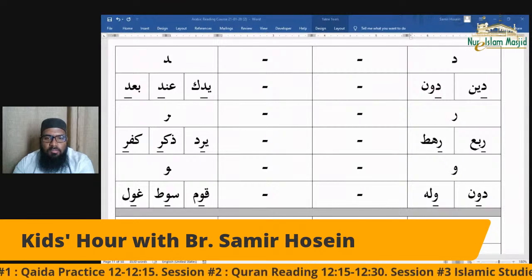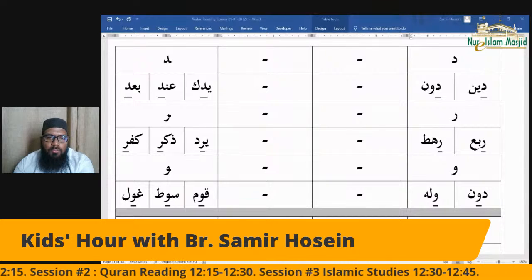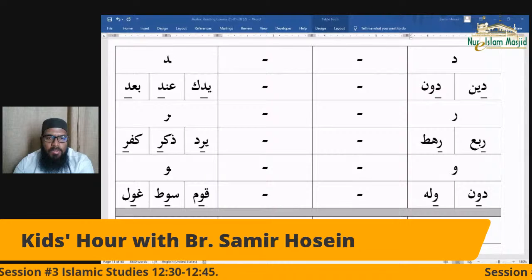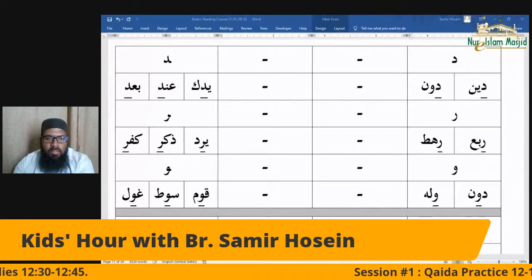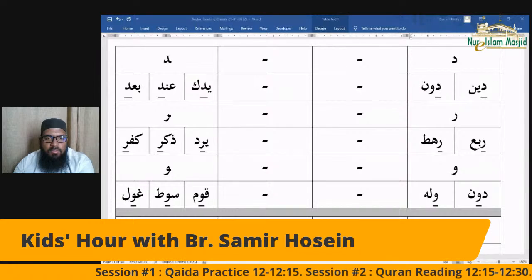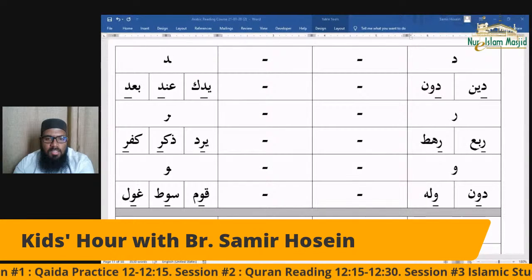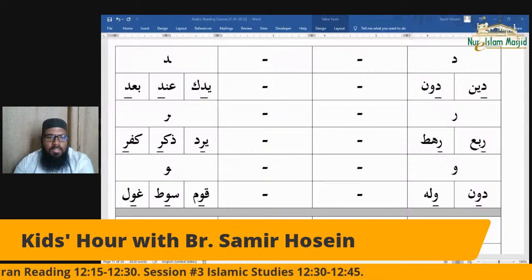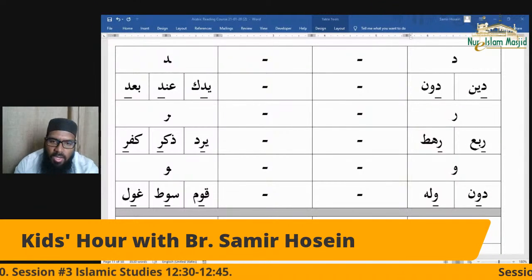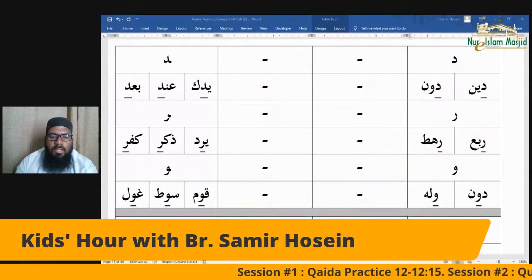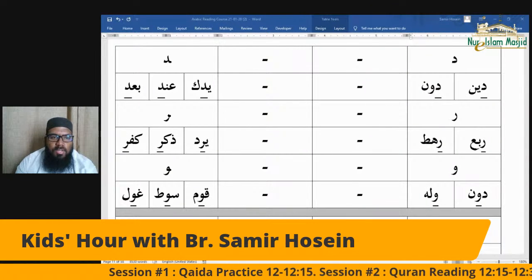We mentioned that when we draw the letter dal, it sits on top of the line. Ra looks a little bit similar to the letter dal. However, ra starts in the middle and goes below the line. Because of this confusion while learning the Qaida, some students, when they get to reading Quran, commonly mix up these two letters.